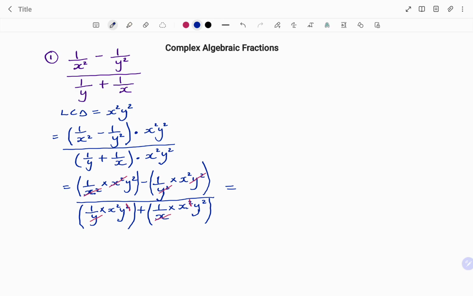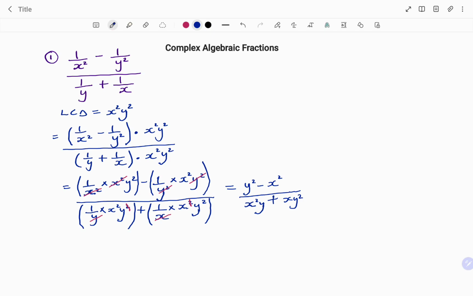What we have is, in the first bracket, we are left with y squared minus, in the second bracket, we have x squared left. For our denominator, we have x squared y plus x y squared.